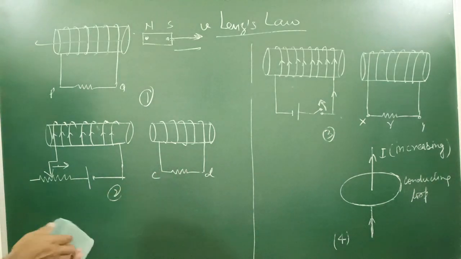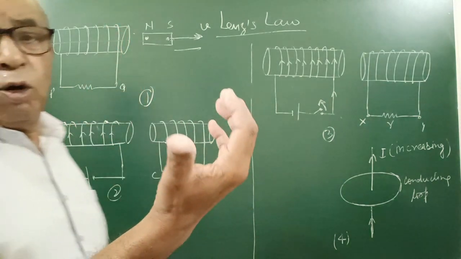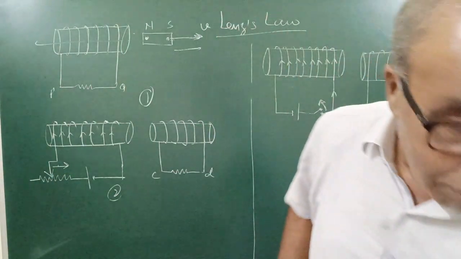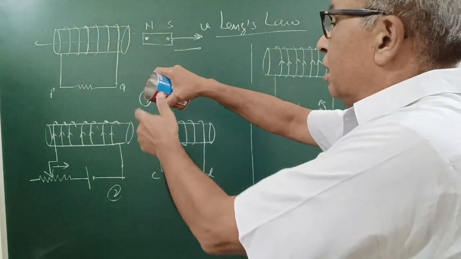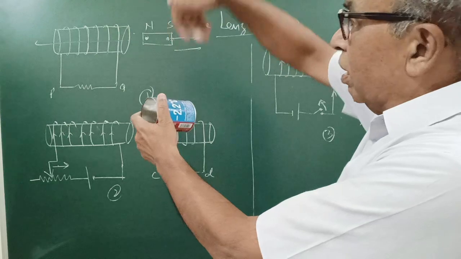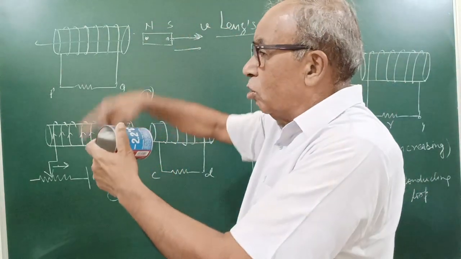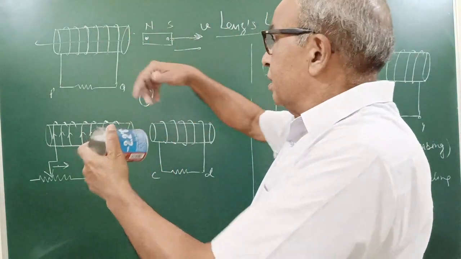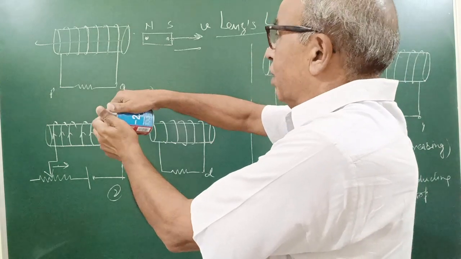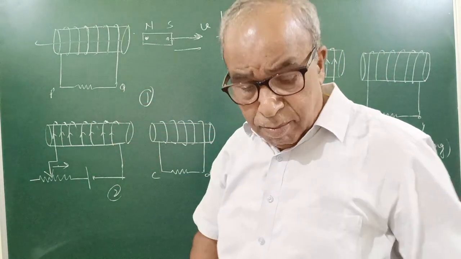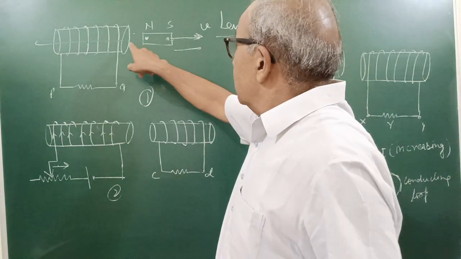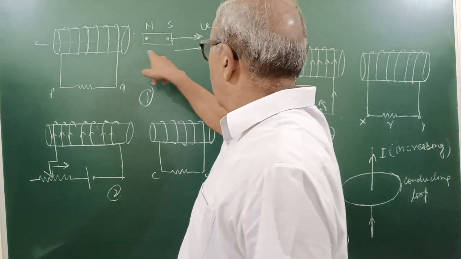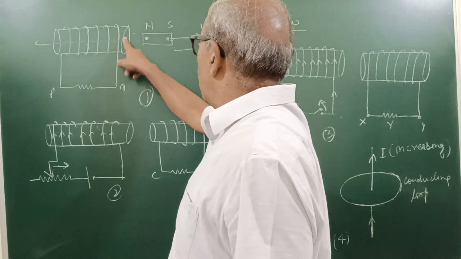From the right hand palm rule for solenoid we can use this. If this is the solenoid, if we hold it in the right hand in such a way that the curl of fingers is along the direction of looping, then the thumb stretched along the solenoid will give the direction of induced magnetic field. Other way, the north pole is going away, so its motion should be opposed, and there should be a south pole here.